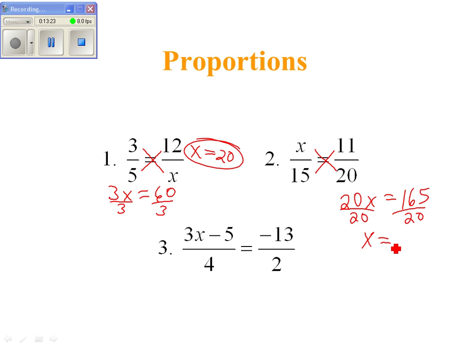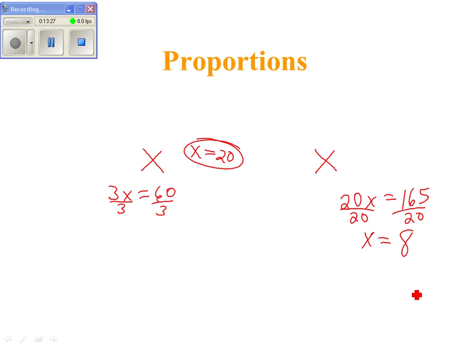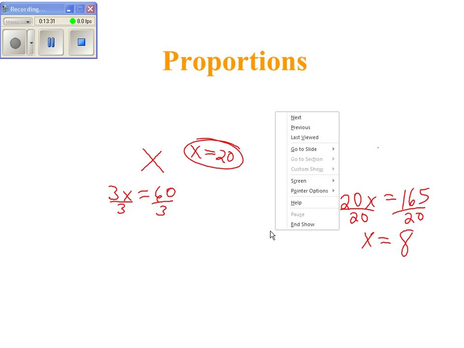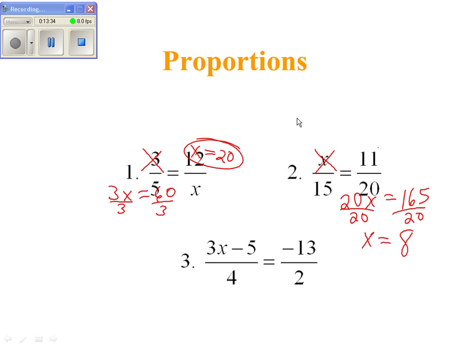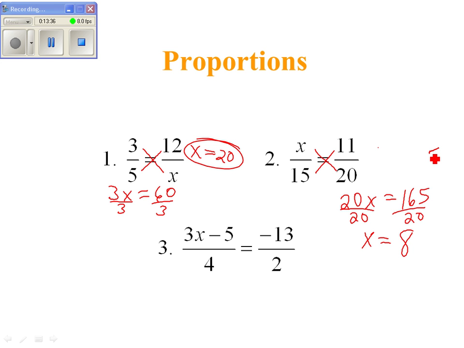How many whole 20s? 8. How many left over out of that? 5. So it'd be 5 out of 20, which reduces down to 1/4 or 0.25. I'm going to use 1/4. That makes sense, Brian? Yeah, makes sense. Why would you write 0.25 when you can write 1/4? Because fractions.